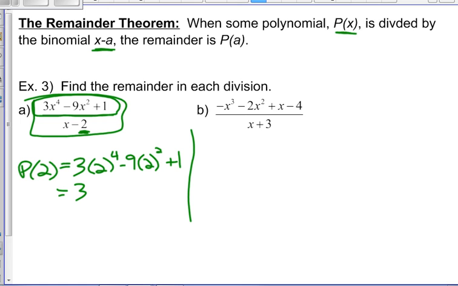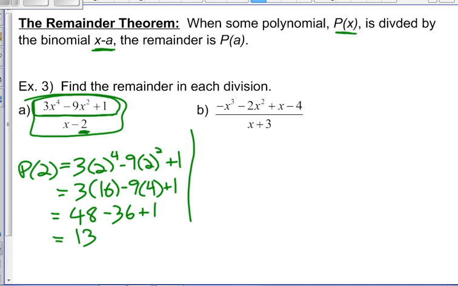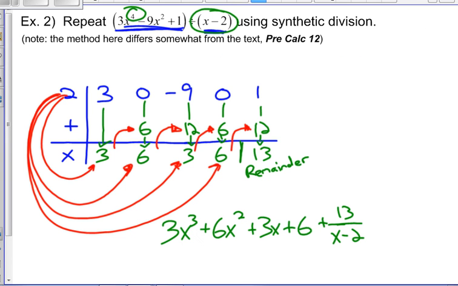Let's see, that would be 3 times 16 minus 9 times 4 plus 1, or 48 minus 36 plus 1. Holy smokes, it gives us 13. That's great. That's what we found when we did the division over here. The remainder was 13.